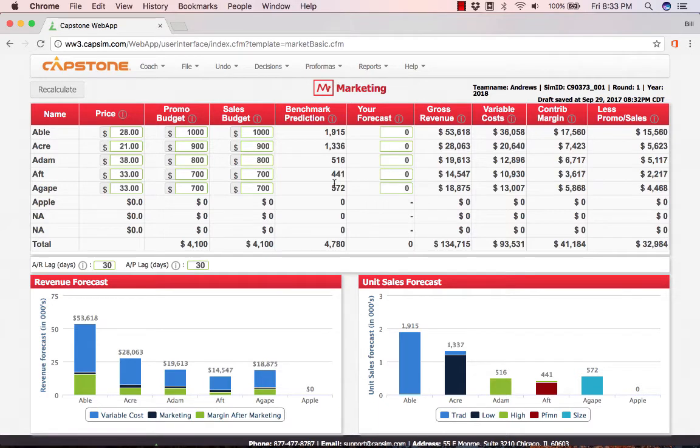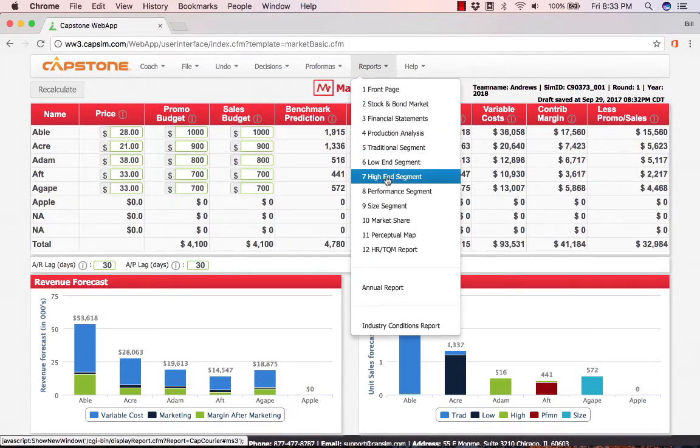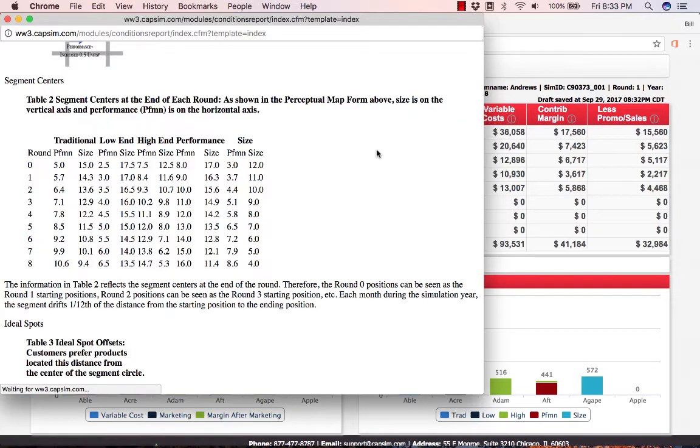All right, so let's look at how we can set the prices for these things. So let's look at Able, which is our traditional product, and let's see here. So let's go to our reports, our traditional report. Okay, there we go.